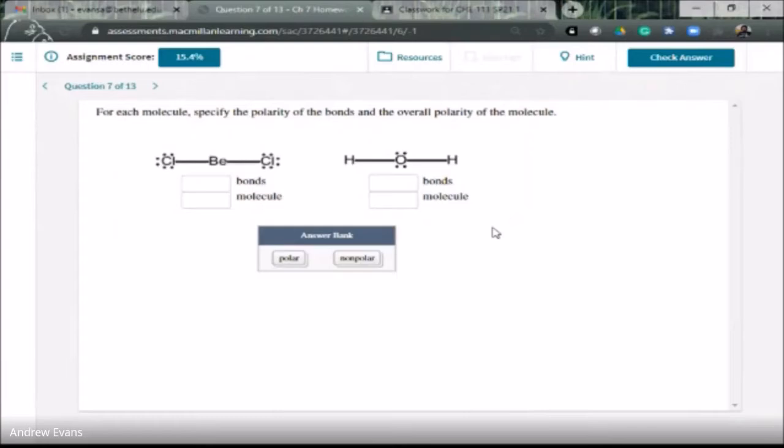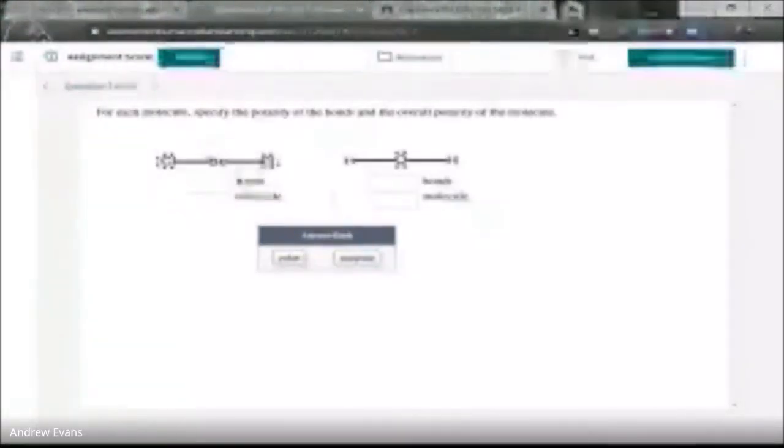Is the molecule polar? Now it's possible to have polar bonds in a nonpolar molecule. But if you do not have polar bonds, you can't have a polar molecule. So if the bonds are nonpolar, then the molecule is nonpolar. But if the bonds are polar, the molecule can still be nonpolar if they cancel out.